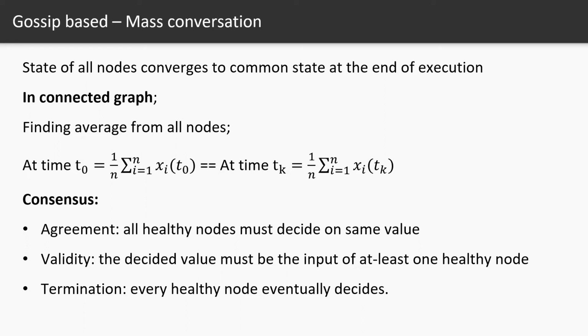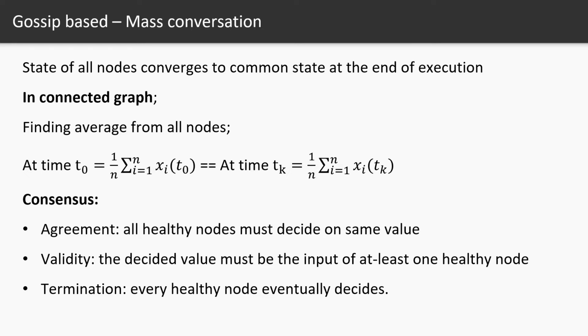The average of each value in all of the nodes in a network at the initial time t0 will always be equal to the average of the values of all the nodes in a given network at time tk, where tk is considered to be the last time where all the nodes meet at a common state. At this time, the total average is always the same with high probability of 1. So by convergence, I mean that every node in a network must decide on a common agreement. And when they do, the execution ends and we have reached convergence.